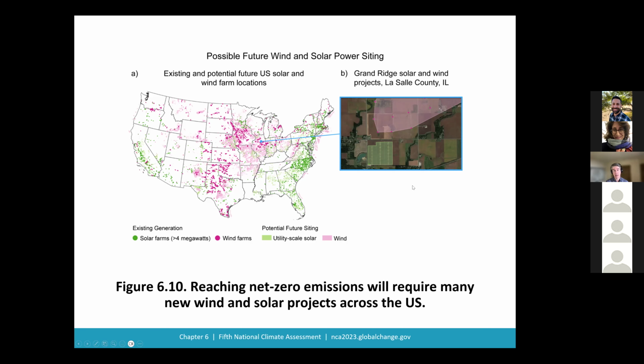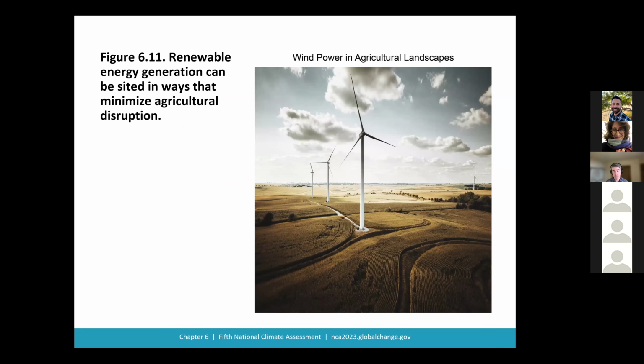But as you see on the next slide, there's a big difference between the visual footprint and the actual physical footprint of wind systems. The actual amount of land that they occupy is only on the order of a percent maybe of the total visual footprint of these wind facilities. And so as a result, they integrate relatively well into existing cropping and agricultural systems.